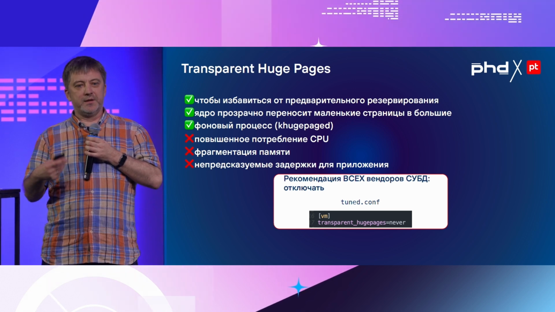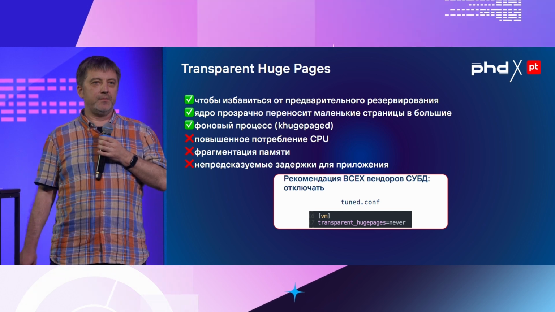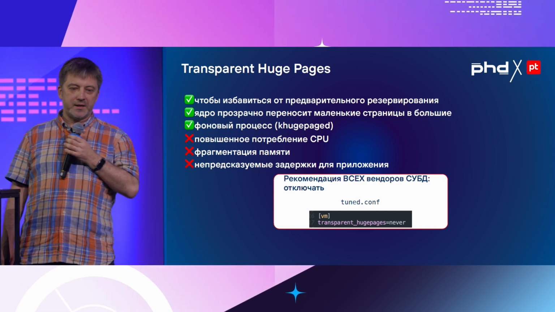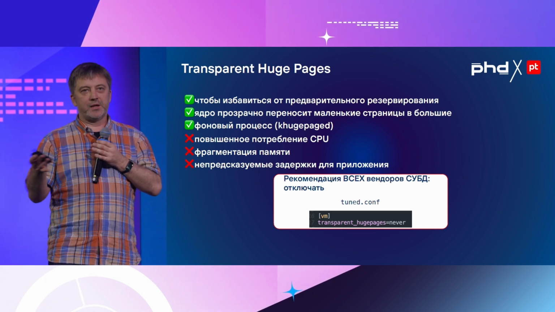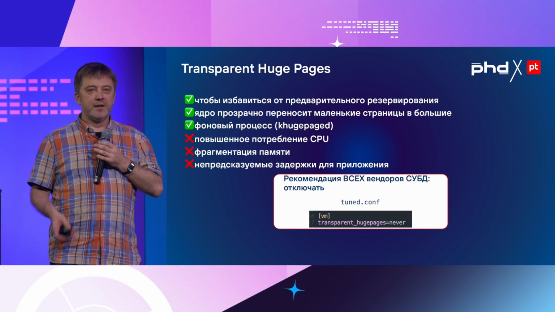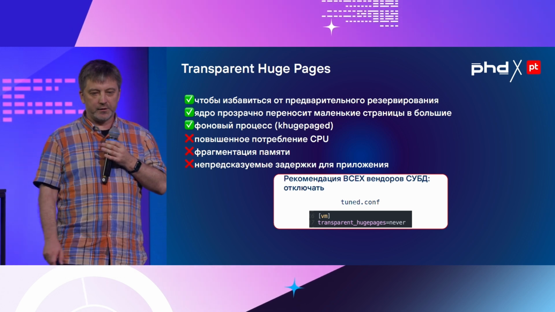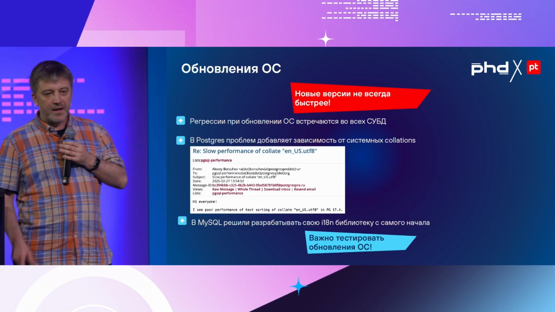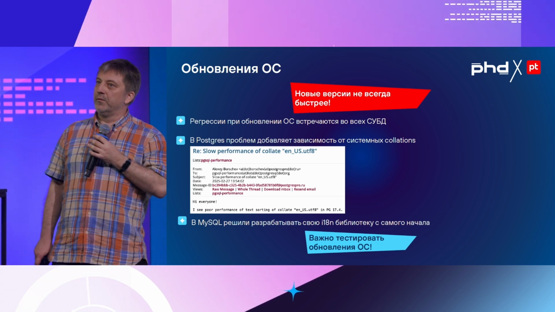The CPU utilization, memory and background activities lead to the slowing down of applications. So basically, all database vendors disable this feature. Because maybe for other programs it may work correctly, but for databases it entails a lot of problems.